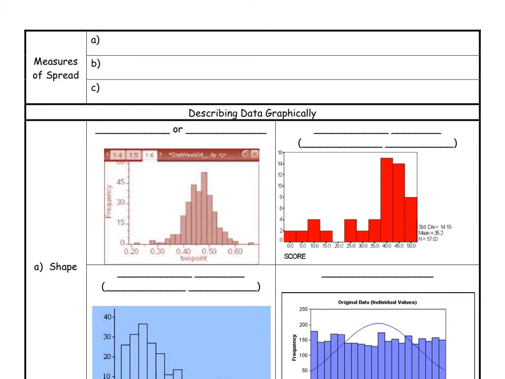So we have measures of spread, so how far spread out is the data, and measures of spread are measured three ways in one variable statistics. We can look at the range, which is the difference between the highest and lowest numbers, the IQR, which is the interquartile range, so we're going to be looking at quartiles in this unit.